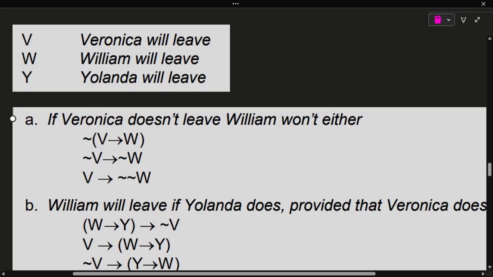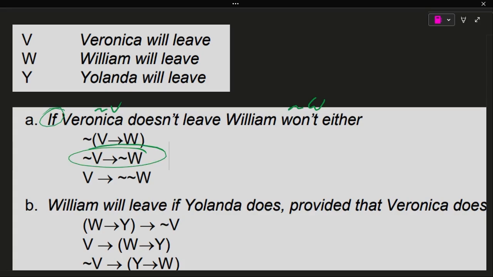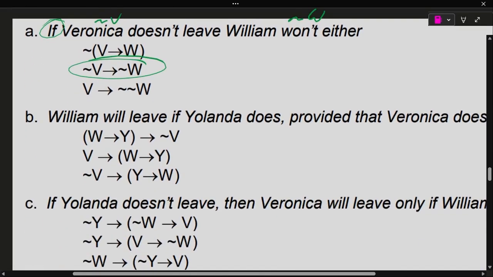If Veronica doesn't leave, William won't either. If Veronica doesn't leave, William will not. William will leave if Yolanda does, provided that Veronica does. If Veronica leaves. If. William will leave if Yolanda does.